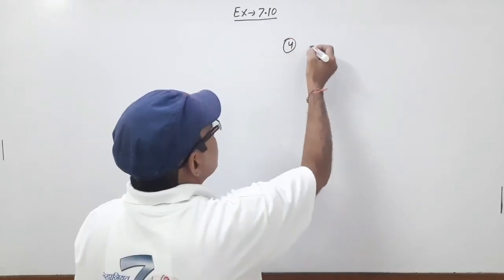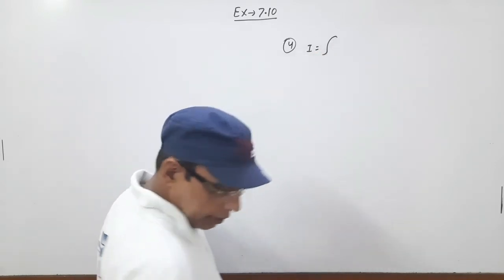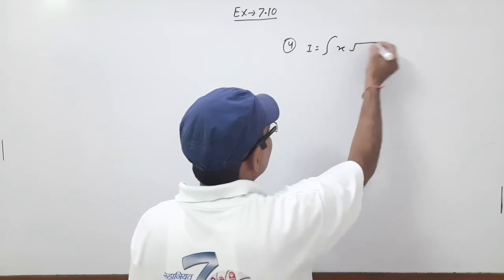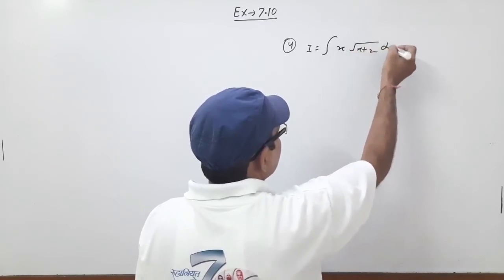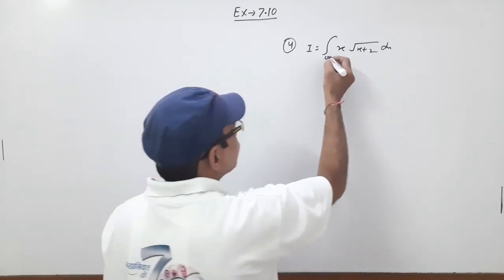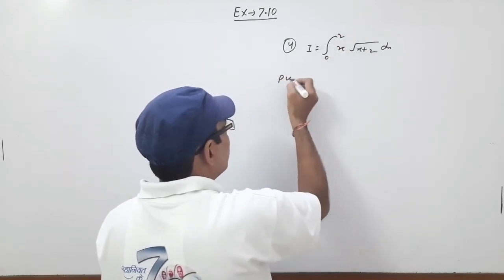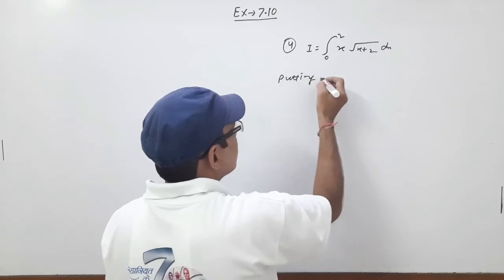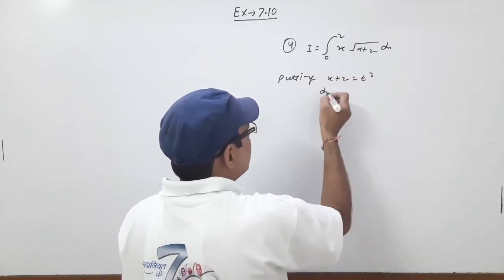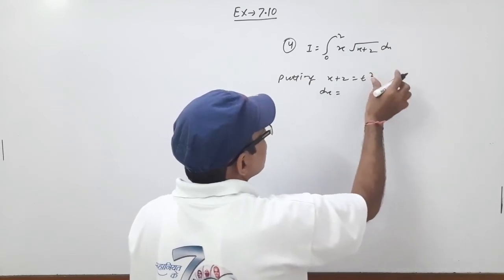We will solve question number 4 now. Integration of x under root x plus 2 dx, and the limit is from 0 to 2, by using the substitution method. Putting x plus 2 equal to t square, differentiating with respect to x.